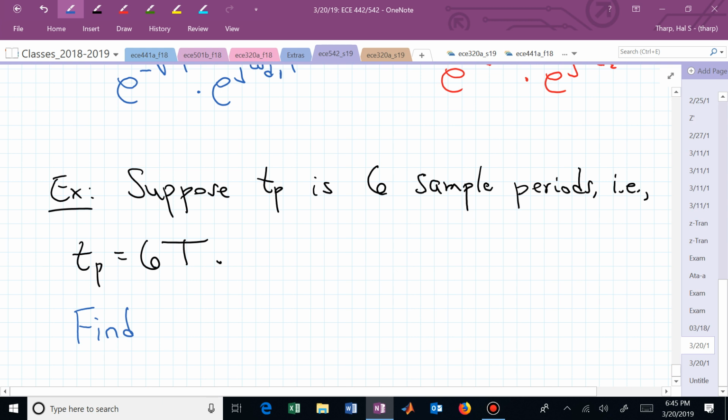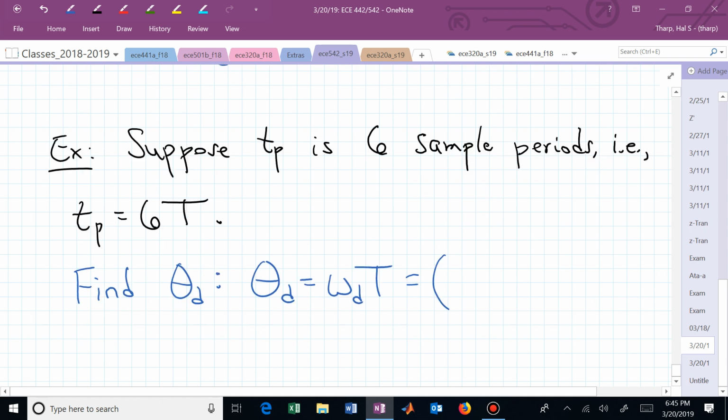Now what's the wedge? That's what we're doing when we're talking time to peak. The wedge is really what is theta d. And theta d is omega d T.